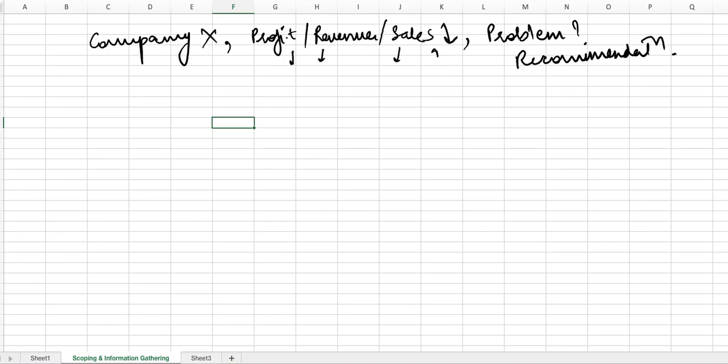Okay, so just looking at this statement which I have written here, I've got a lot of questions actually. First of all, I don't know what this company does. I know the name of the company, company X, but what does it do? Which industry, right? Which industry, where in the industry?